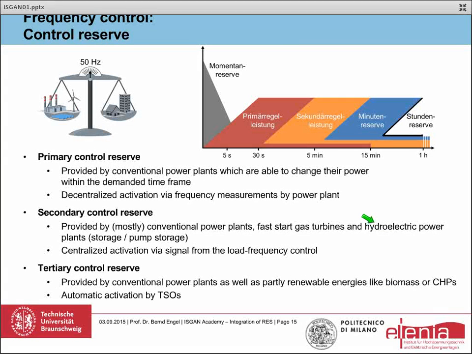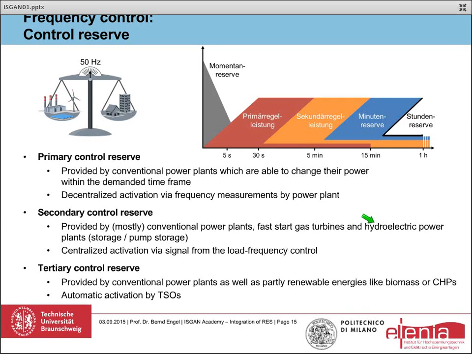To keep the frequency in the target area, we have the control reserve.